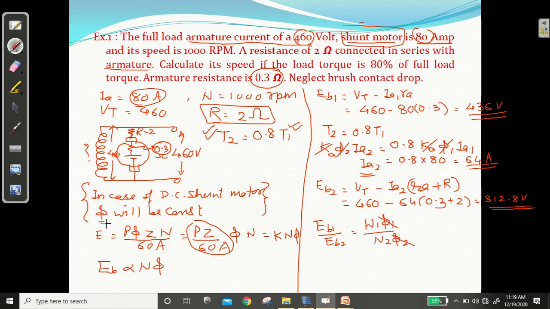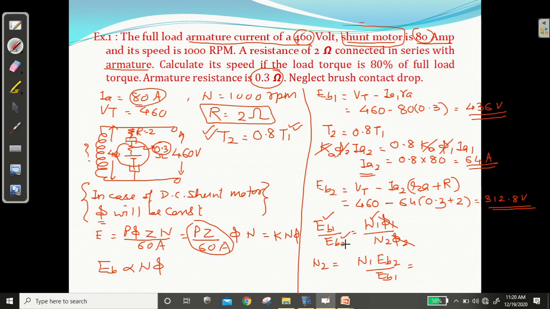I told you already. So this is known, this is known, this is known. You can find N2. So N2 equal to what? N2 equal to N1 into EB2 upon EB1.